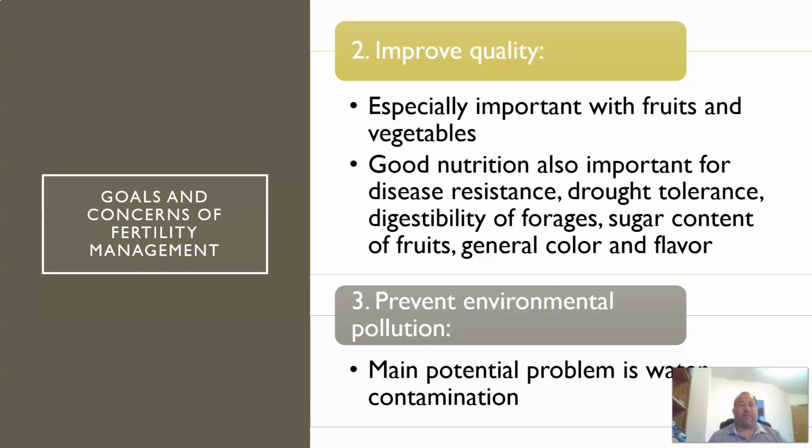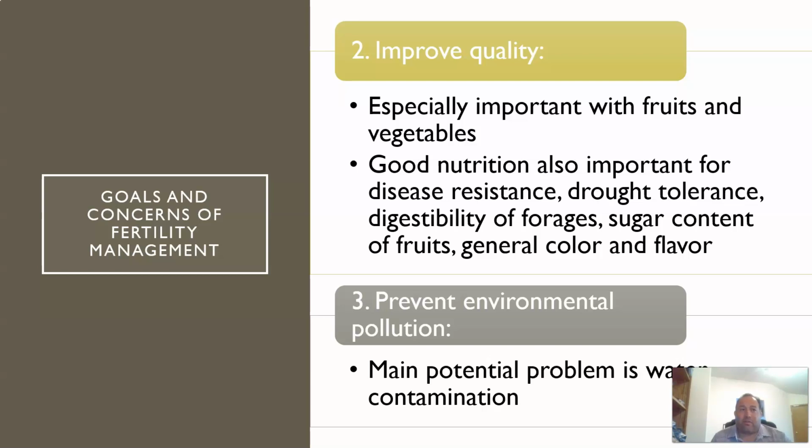If you're going to be selling food, people are really picky about how it looks. You also want it to taste good and have good nutrition. Good nutrition is also important for disease resistance, drought tolerance, digestibility of forages, the sugar contents of fruits, the general color and flavor, all those sorts of things. So you want it to be nutritious as well.